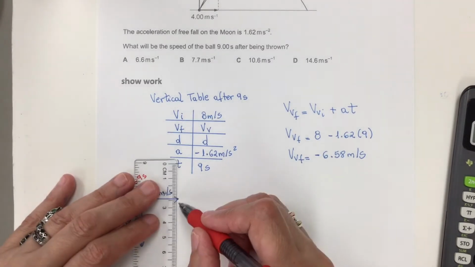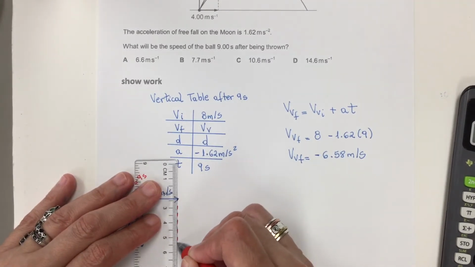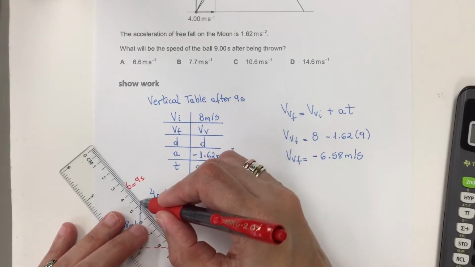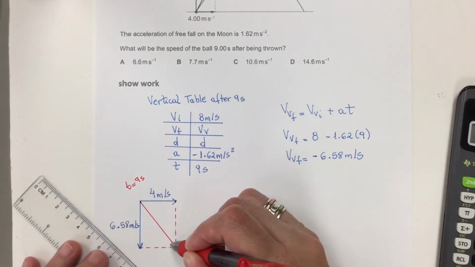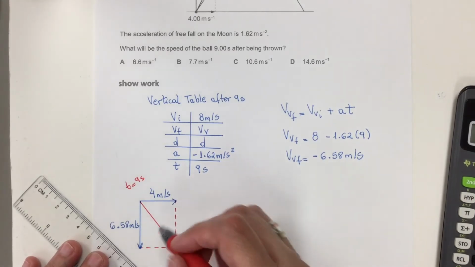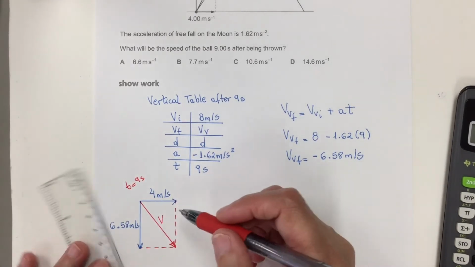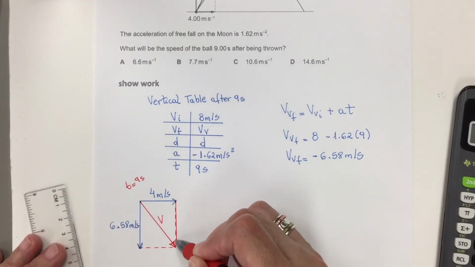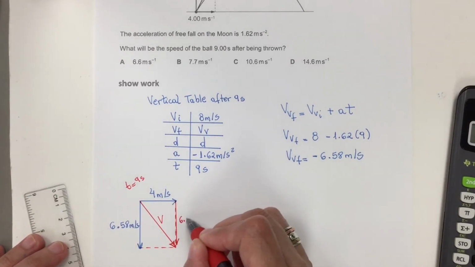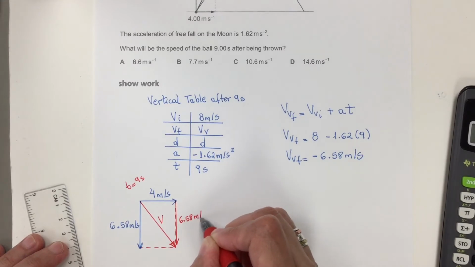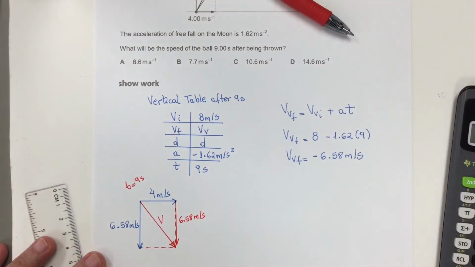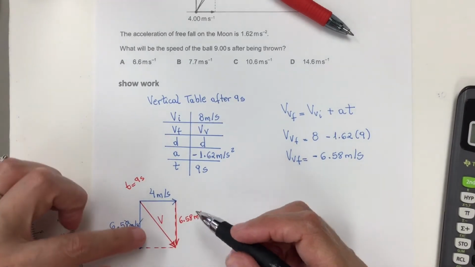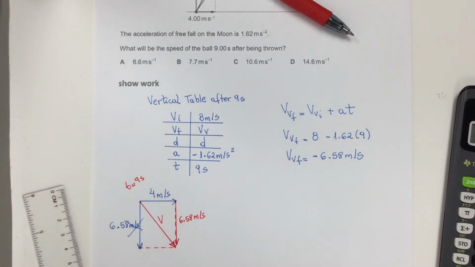So this is how it works. You are going to close this rectangle and draw it like this. This is your vector V that you want to calculate. And here we are going to move in this direction, 6.58 meters per second. Now I move this to the other side, so this is the right triangle.